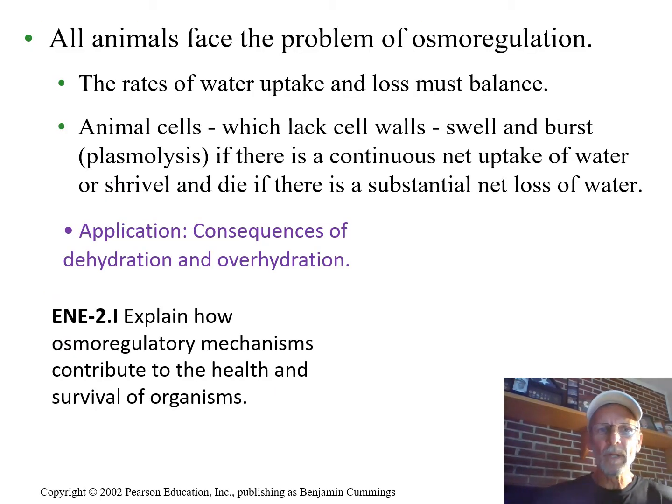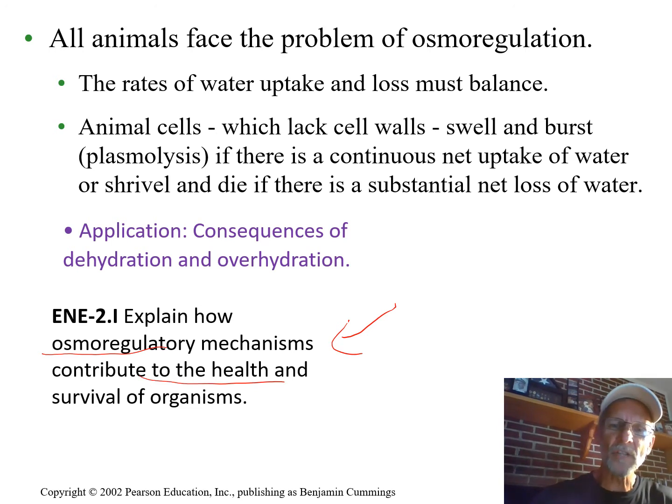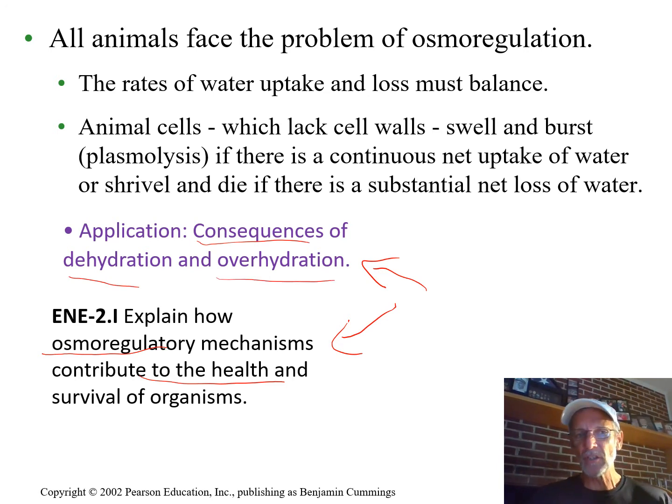So here is an AP one. How does all this regulating of water contribute to the health of organisms? And the complementary IB one: what are the consequences of dehydration and overhydration?